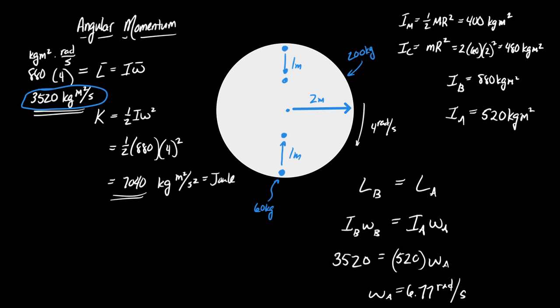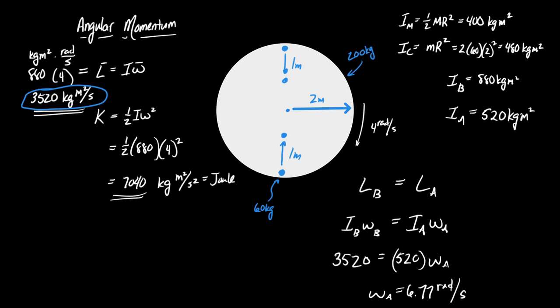That the kinetic energy is not going to stay the same. So I want you to find out how much work was done on the merry-go-round by the kids. I want you to keep in mind, I don't know anything about how much force they applied.